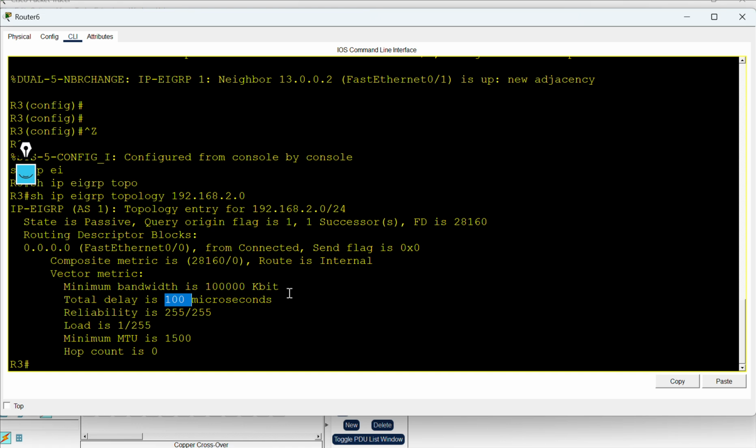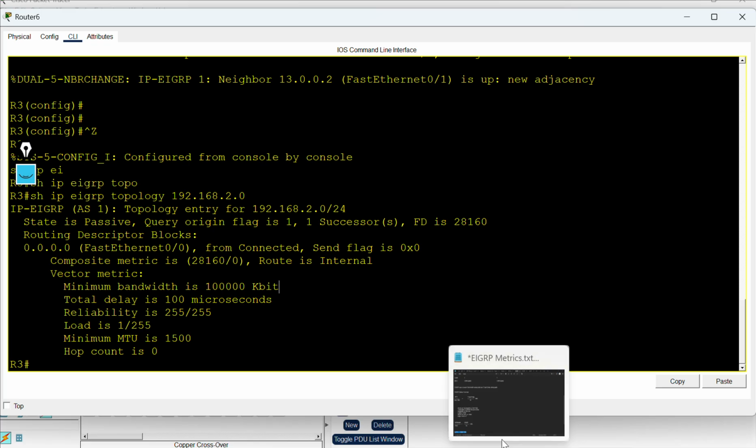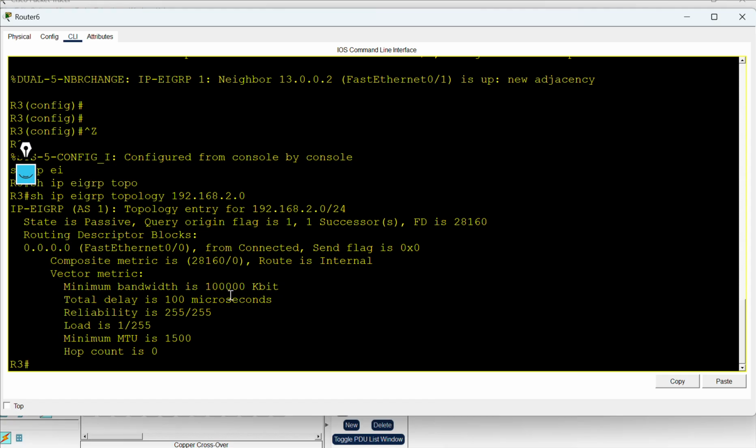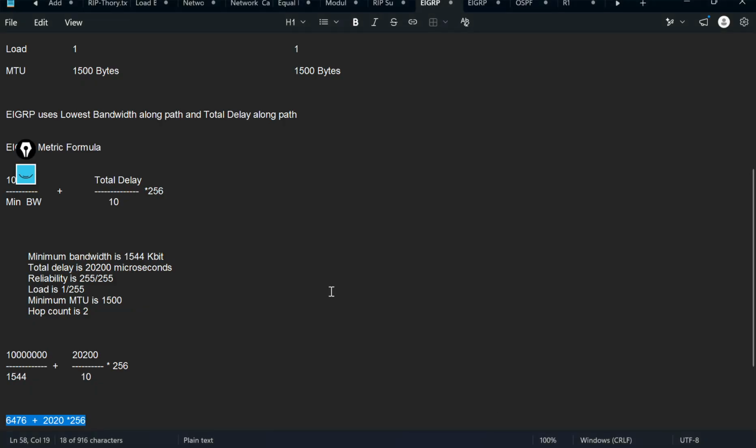Now, if you calculate with this bandwidth and delay, 10 to the power of 7 divided by 1 lakh.